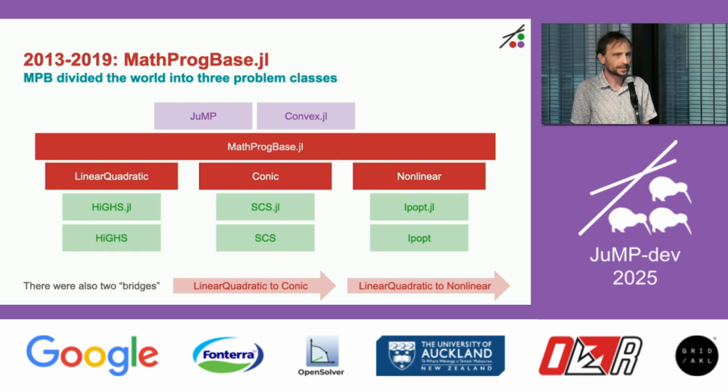Conic solvers like SCS and MOSEK chose the conic class, and then nonlinear solvers like Knitro and Ipopt chose the nonlinear class. And there were two kind of bridges. There was a bridge from linear quadratic to conic, so solvers like SCS could solve a linear program. And there was one from linear quadratic to nonlinear, so things like Ipopt could solve LPs and QPs.